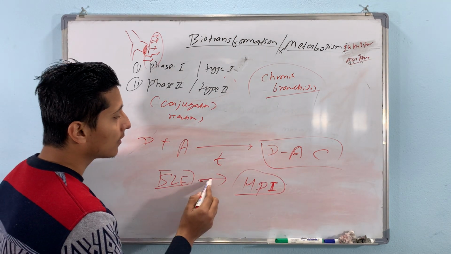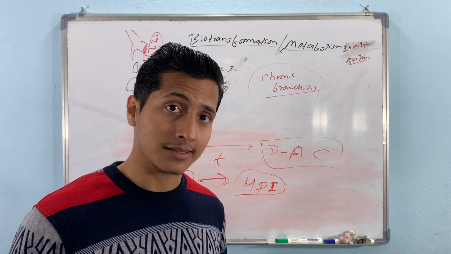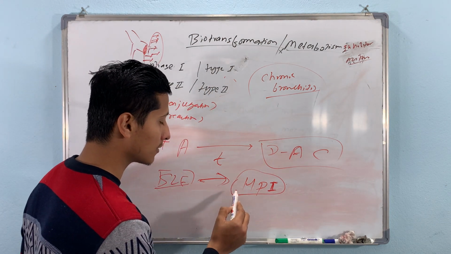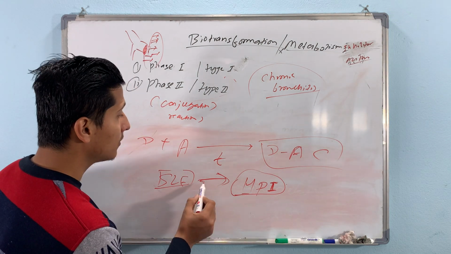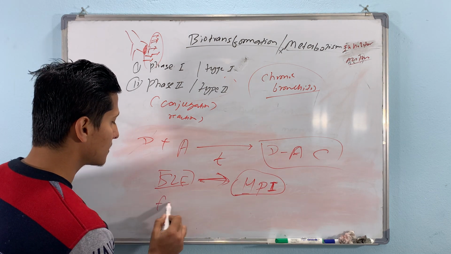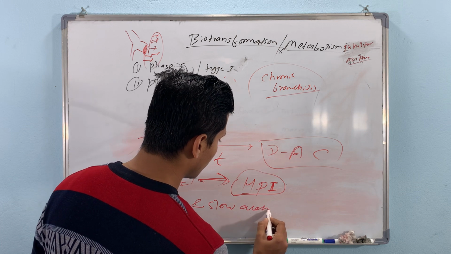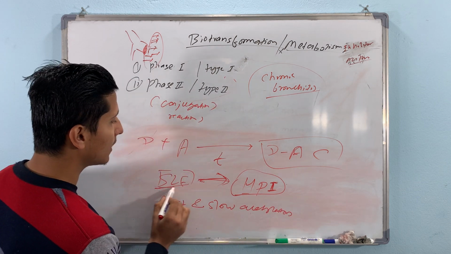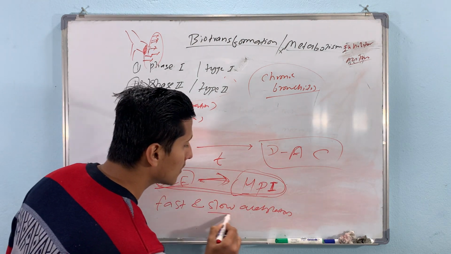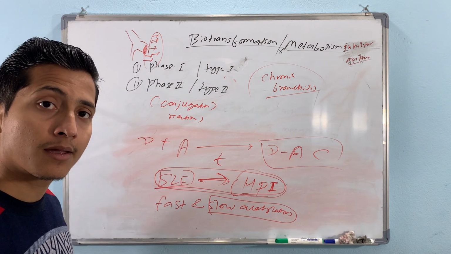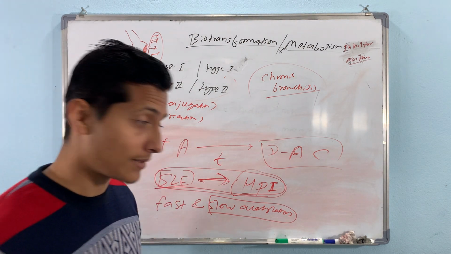So there is something called drug-induced SLE, and the more common drugs that can cause it are hydralazine, procainamide, or isoniazid. There's a term called fast and slow acetylators. Drug-induced SLE is common in those patients who are slow acetylators. This is the only thing we need to know from an exam point of view under the topic acetyl conjugation.